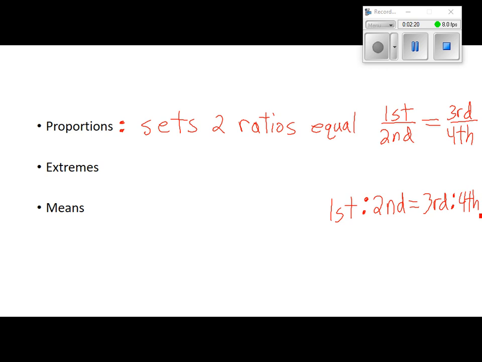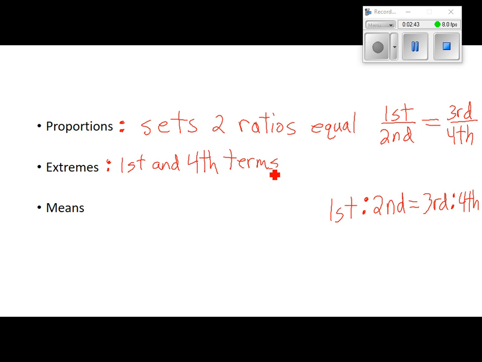The extremes. If you've got your first, second, third, and fourth, which ones do you think are the extremes? 1 and 4. So write that here for extremes.